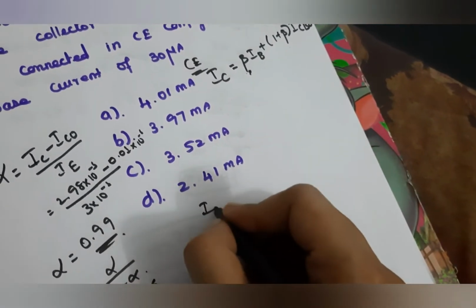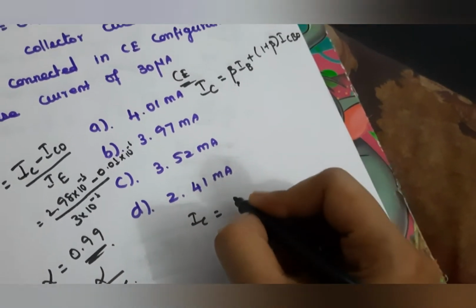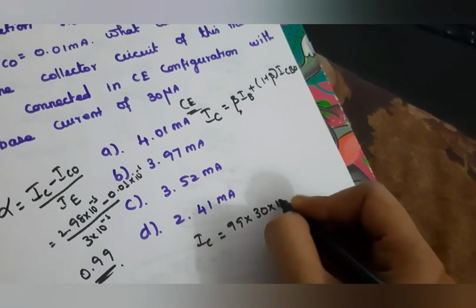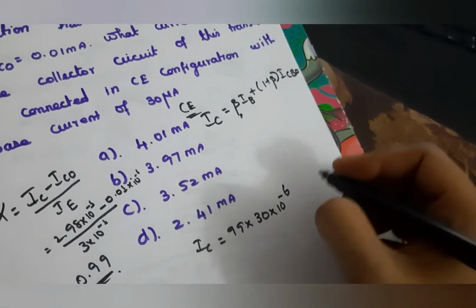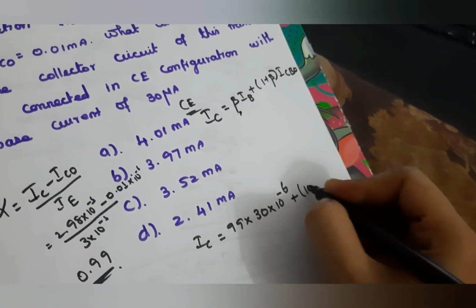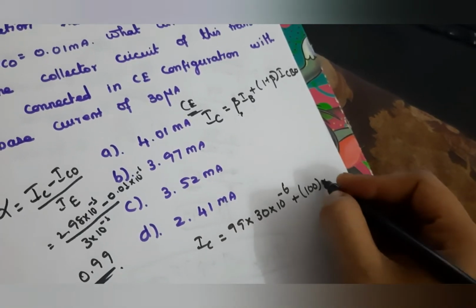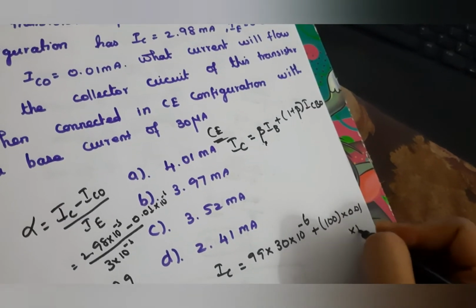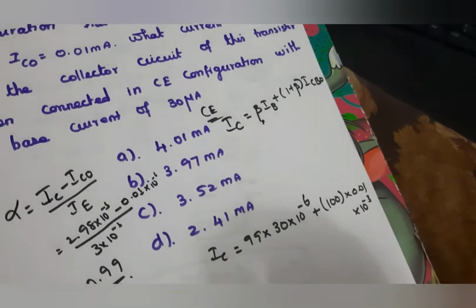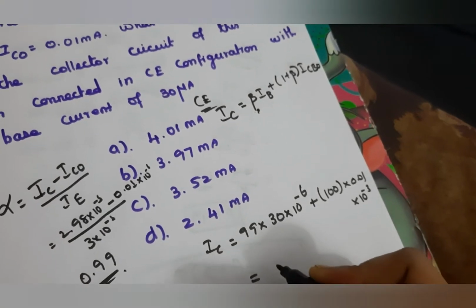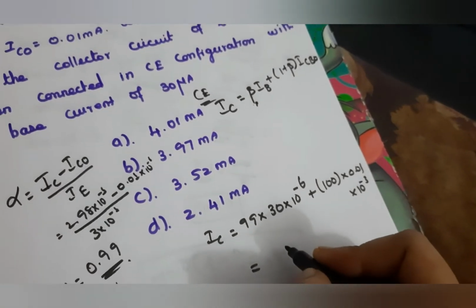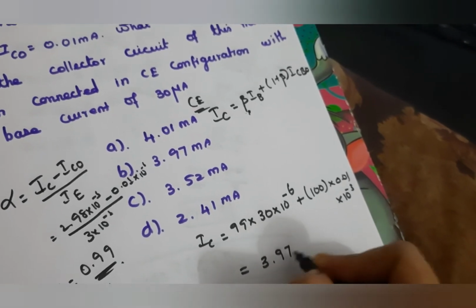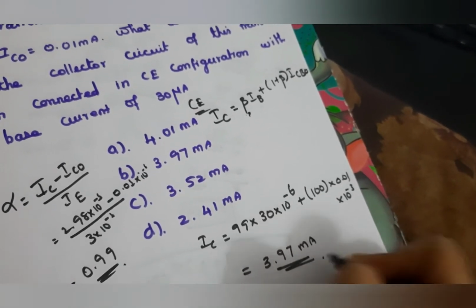So IC becomes 99 into 30 microamps plus 100, that is 1 plus beta, into ICO, which is 0.01 into 10 to the power minus 3 milliamps.